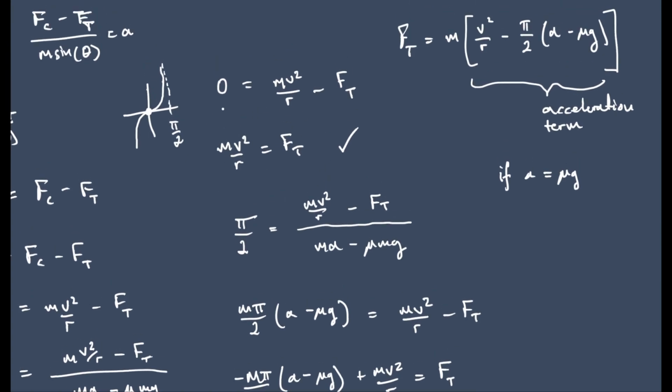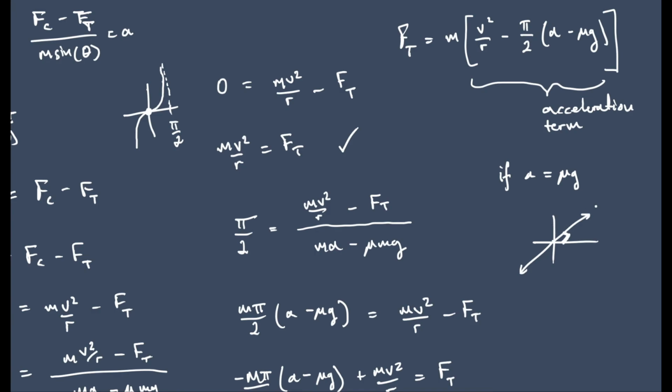Okay? So if the acceleration is equal to some dampened factor of the acceleration due to gravity, then this ball is going to have no angle of precession, right? It's just going to get pulled inwards. Okay, this is a 90-degree angle, in other words.